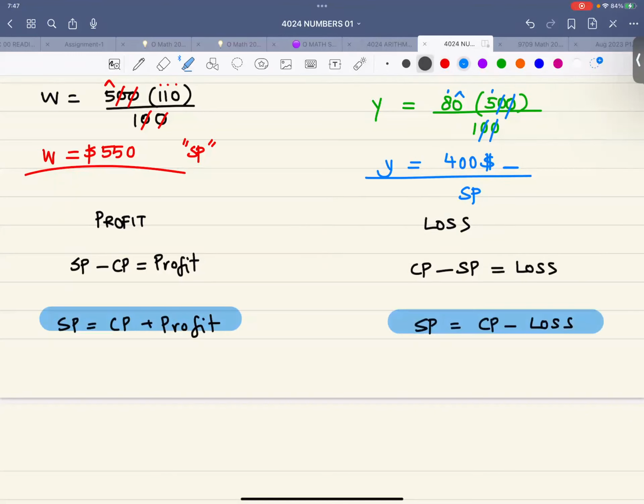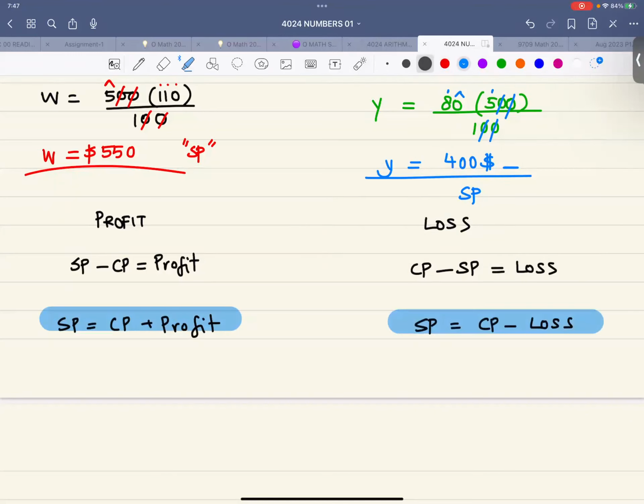Now is this method all good, all clear? This is case number 2. Now we are talking about case number 3. In case number 3, our focus is on finding the original price, the original value.